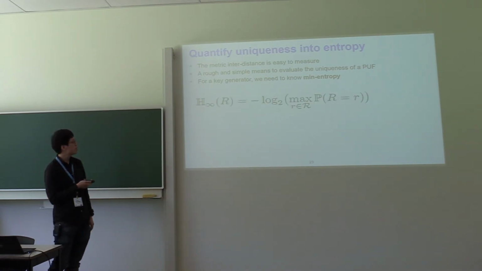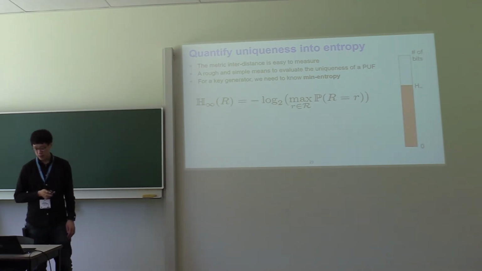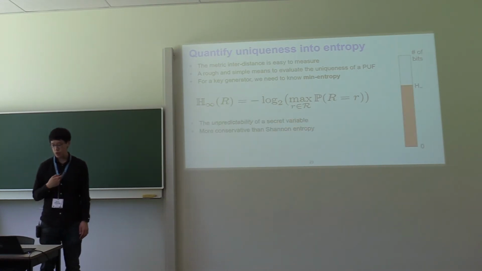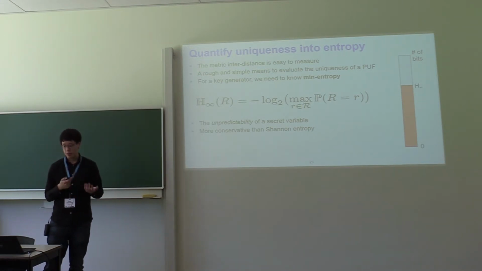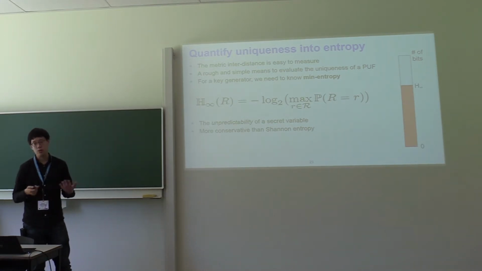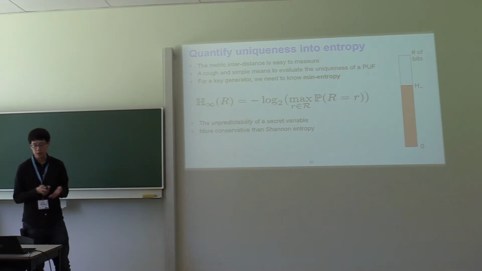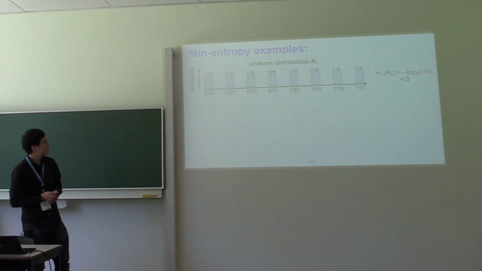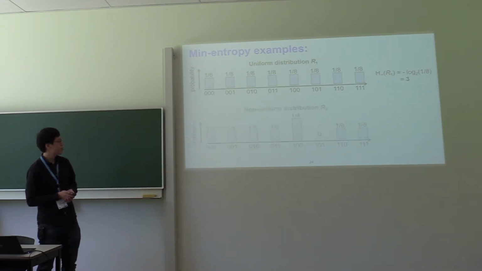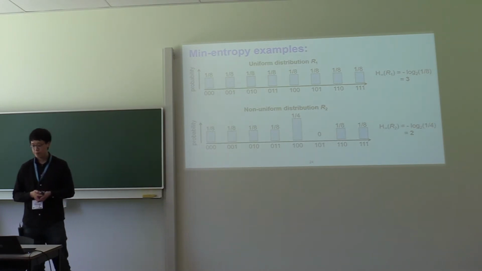Here is a reminder of how it is defined. Basically it shows how well the secret variable can be predicted, and it is more conservative than the Shannon entropy that we typically use. For example, a uniform distribution has more entropy compared to a non-uniform distribution.